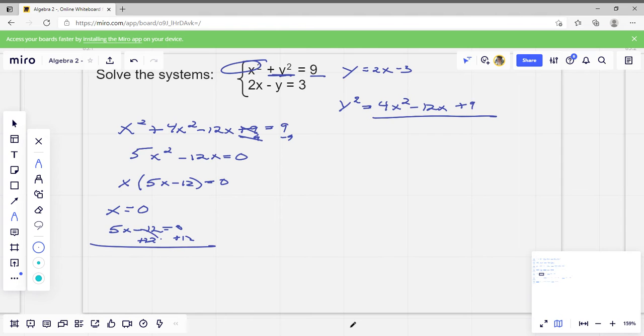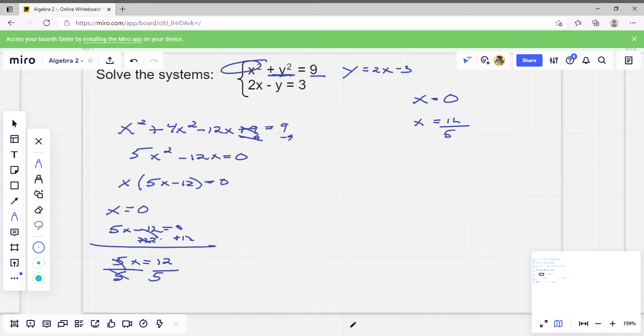And we're going to get 5x equals 12. And then we just divide by 5, and we would get x equals 12 over 5. So those are two of our x values: x equals 0 and x equals 12 over 5.